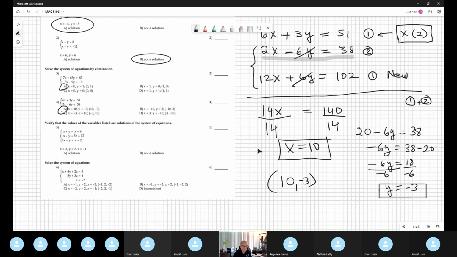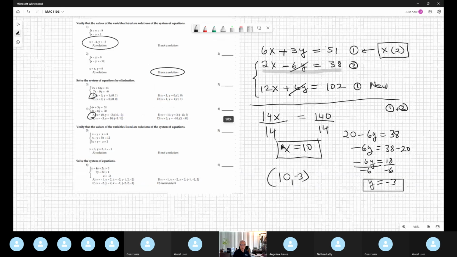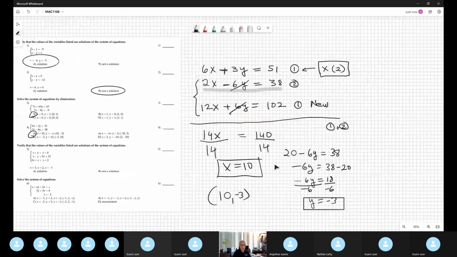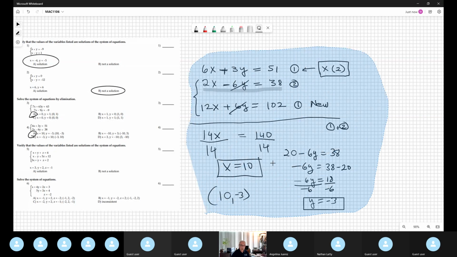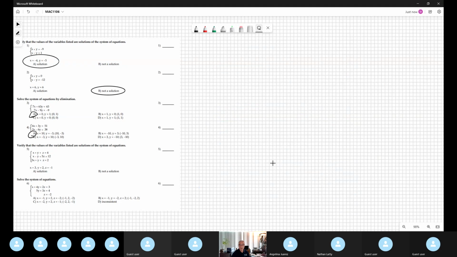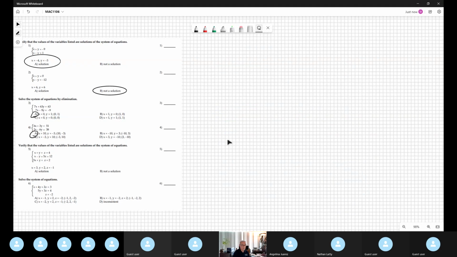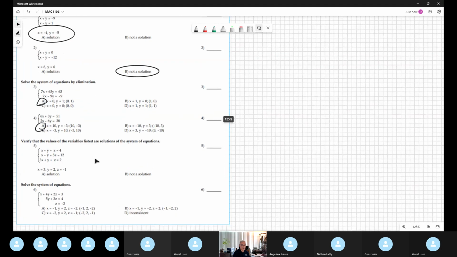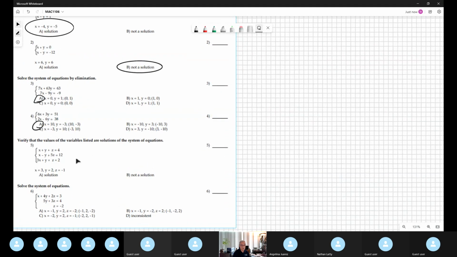Okay. Number 5 is similar to number 1 and number 2, in which you don't need to solve the system. You verify. Verifying is different from solving. Well, one possibility to verify is solving and comparing the given answer with the answer that you obtain. But in this case it is more complicated because it's three equations and 3 unknowns.